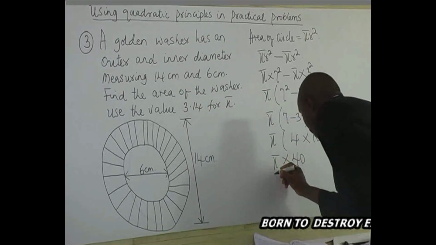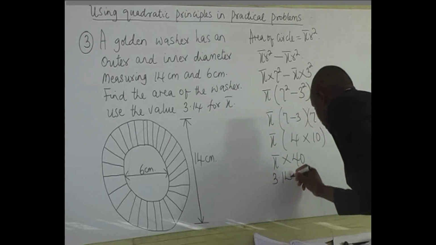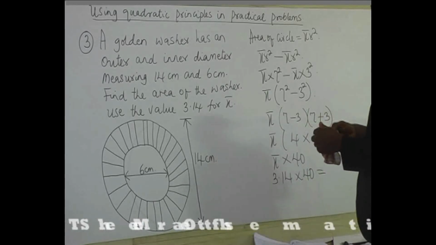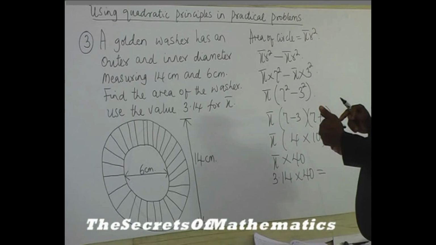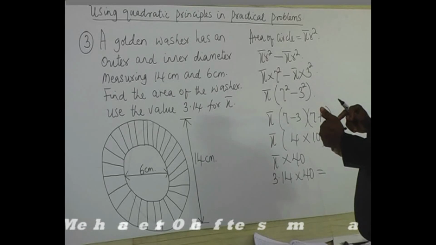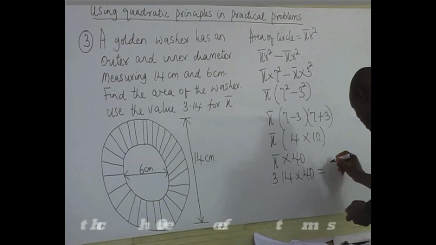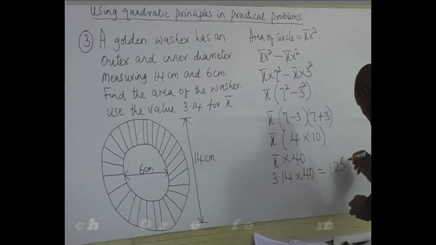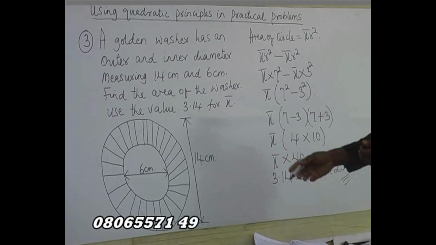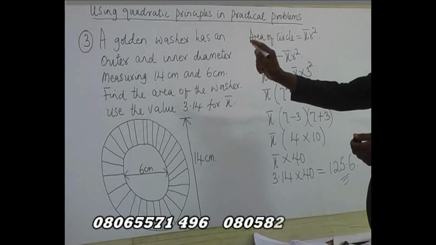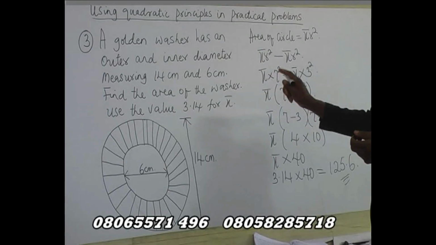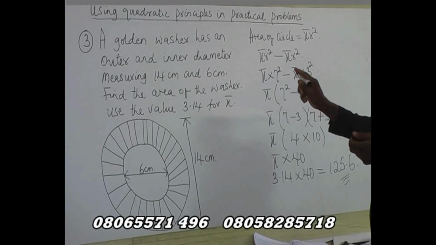That means our pi is 3.14 times 40, which will give us, using a calculator, 3.14 times 40. It will give you 125.6. And that will give you the answer to that question that said that a golden washer has an outer and inner diameter measuring 14 cm and 6 cm, that you should find the area of the washer using the value 3.14 for pi.